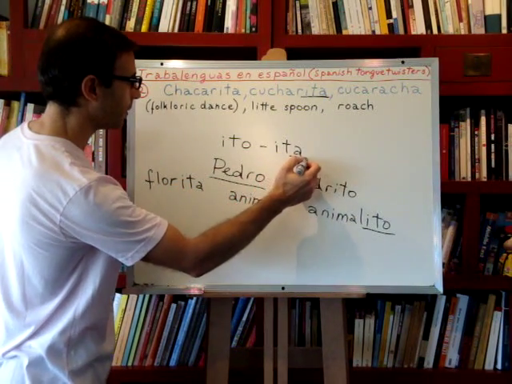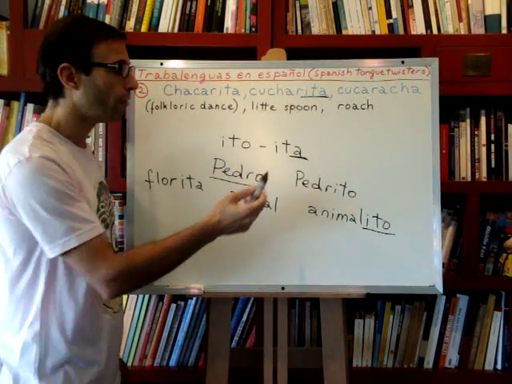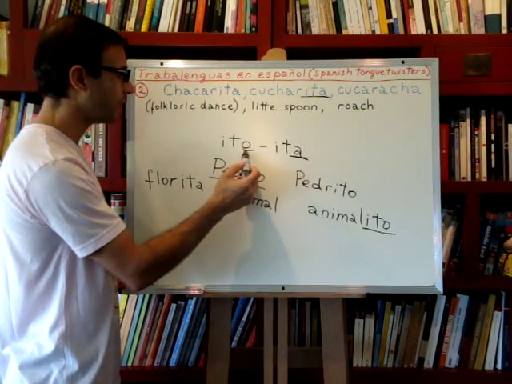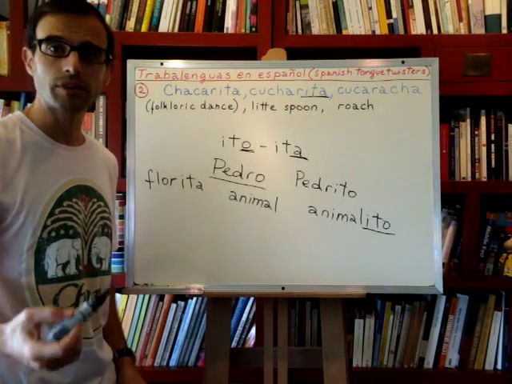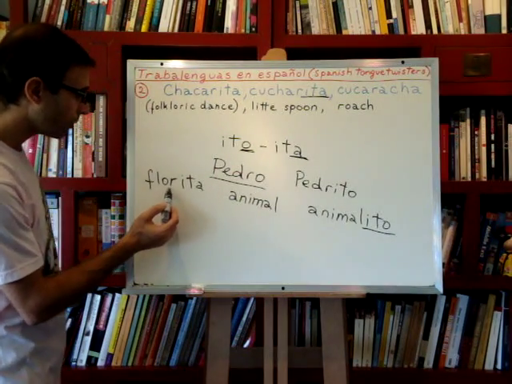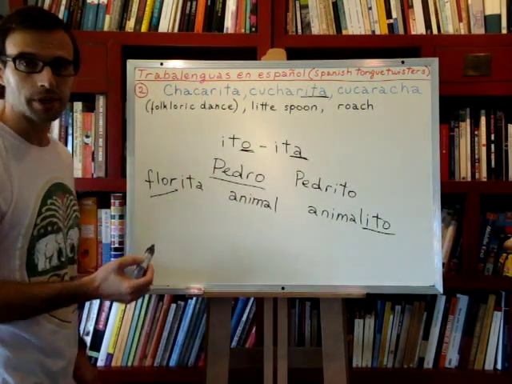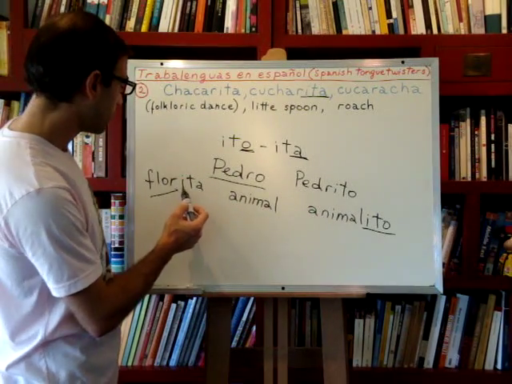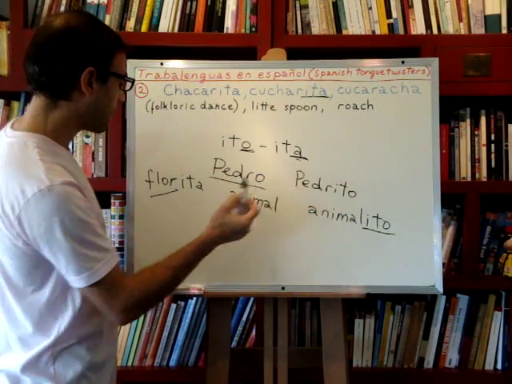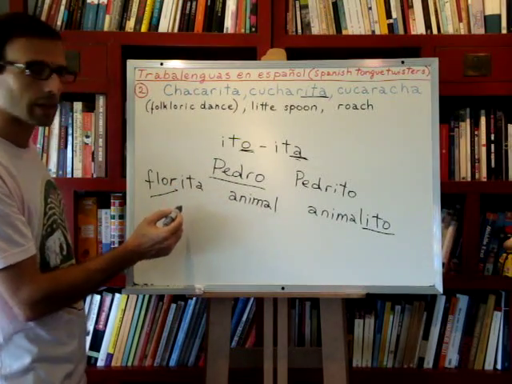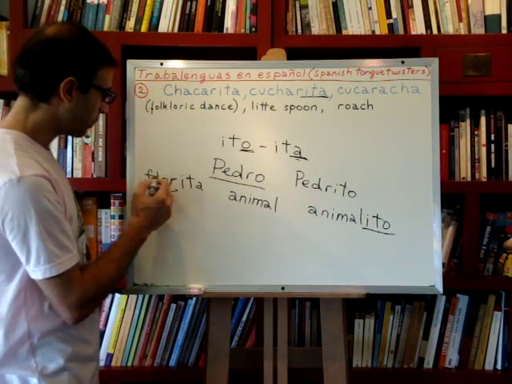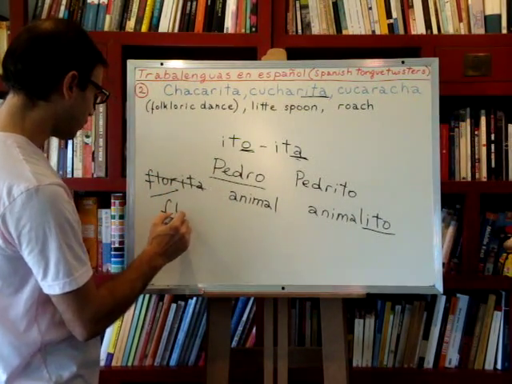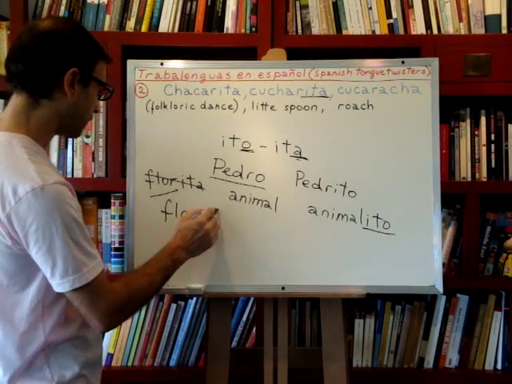Remember, the ending in A is for feminine nouns. The ending in O is the diminutive for masculine nouns. Flor, the word for flower, is a feminine noun. So we would use ita. However, we do not say florita, okay? We would say florcita, right?